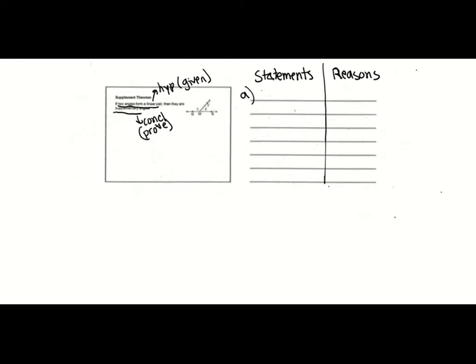In our diagram, we have angle 1 and angle 2 are a linear pair. Given. Our next piece of this, if we know angle 1 and angle 2 are a linear pair, we also know that angle GMR is a straight angle.